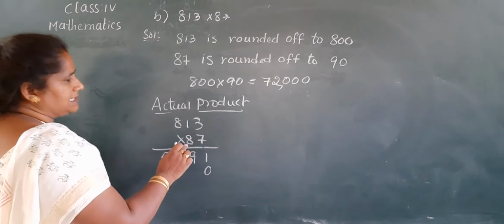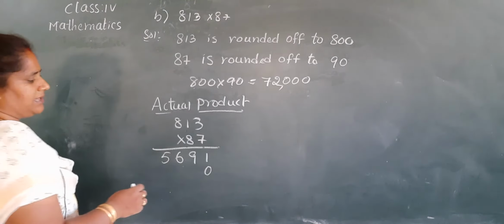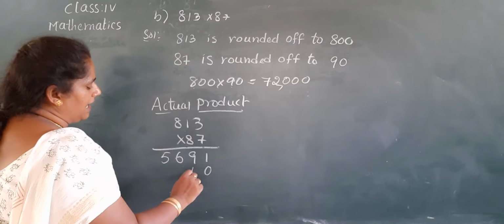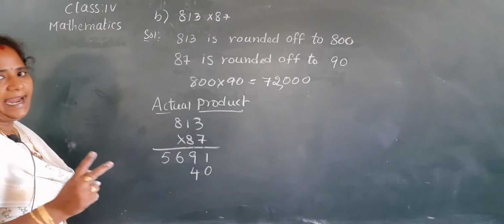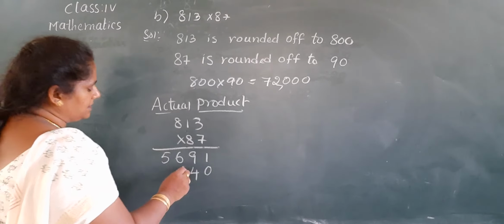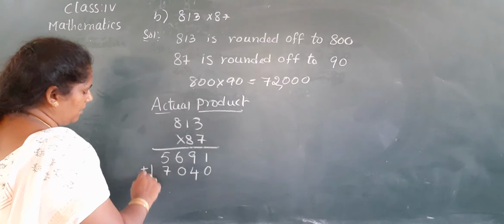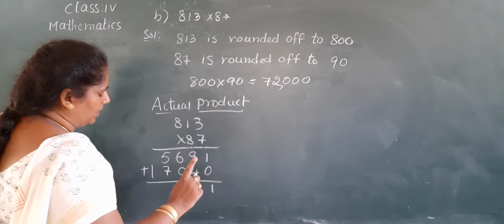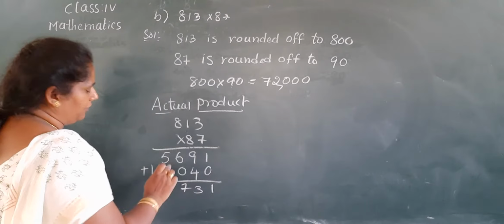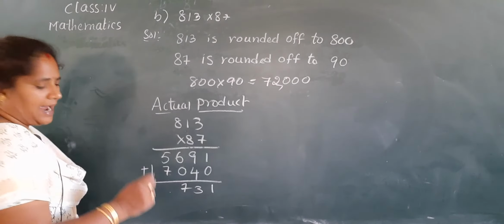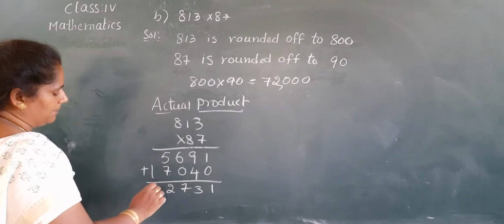Close the ones place and start at the tens place. 8 3s are 24, 2 in hand, 4 is down. 8 1s are 8, 9, 10, 1 in hand, 0 is down.